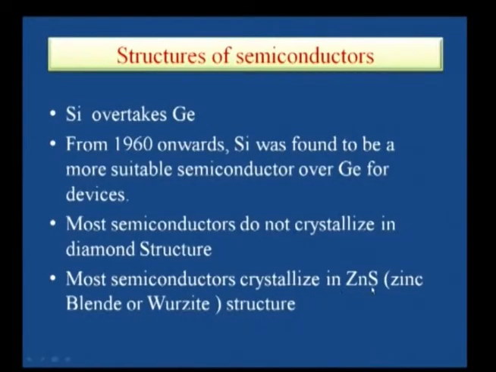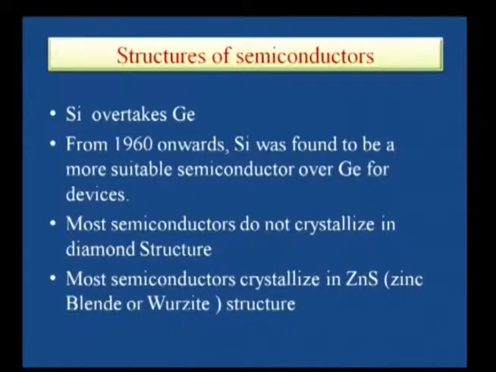Most semiconductors crystallize in the zinc sulphide structure, called either the zinc blende structure or the wurtzite structure. Therefore, as students of electronics, you should remember that most semiconducting materials crystallize in either the zinc blende or the wurtzite structure, and to be more precise, most of them crystallize in the zinc blende structure.